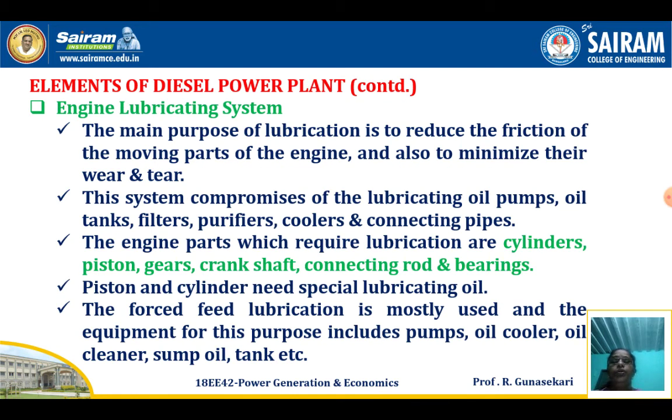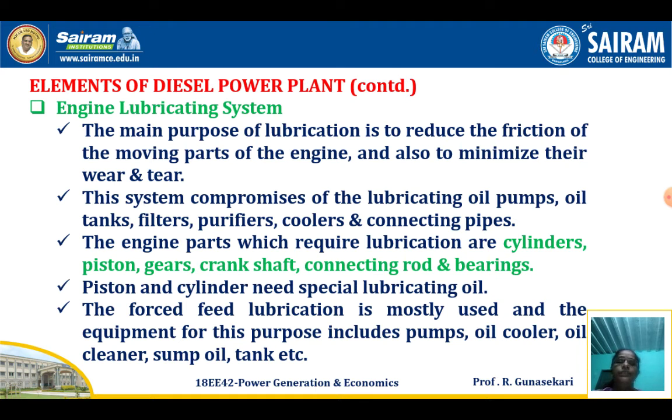Then engine lubricating system. The main purpose of lubrication is to reduce the friction of the main moving parts of the engine and also to minimize their wear and tear. The system comprises lubricating oil pumps, oil tanks, filters, purifiers, coolers and connecting pipes.